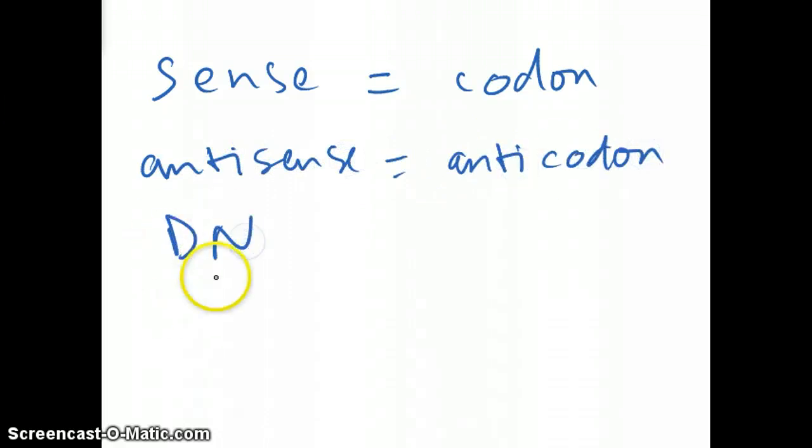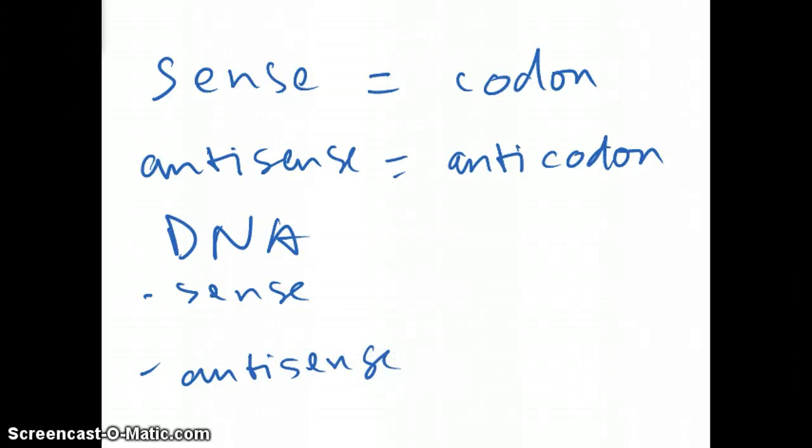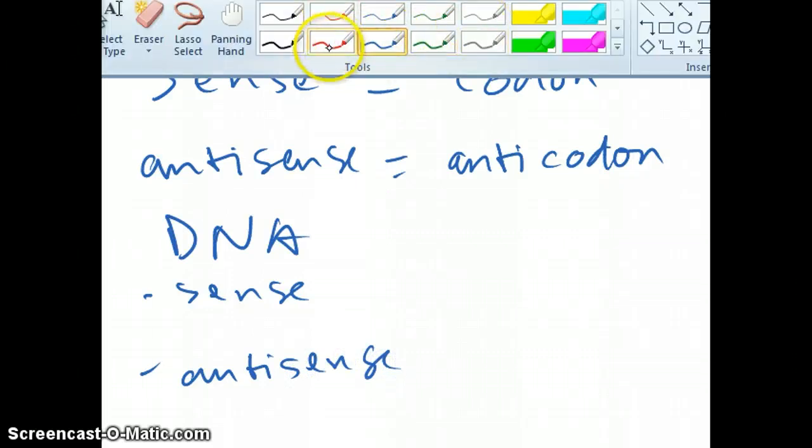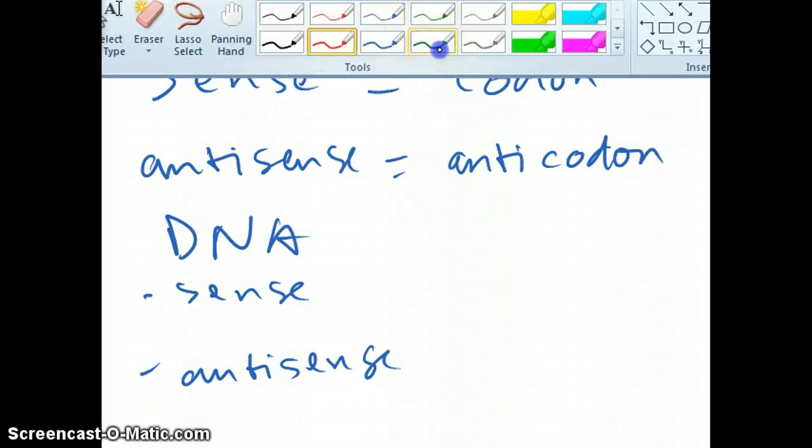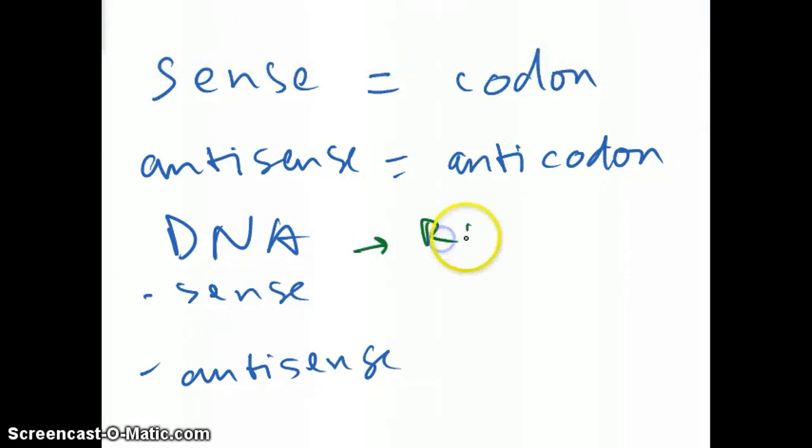DNA has both sense and antisense. mRNA only has the sense, or the codon.